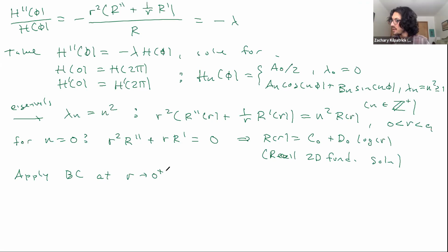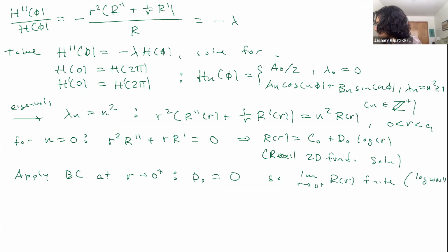Well, the log is going to blow up as I take r to 0. So this actually means that I need to set D0 equal to 0, so that the limit as r goes to 0 from above of R is finite.